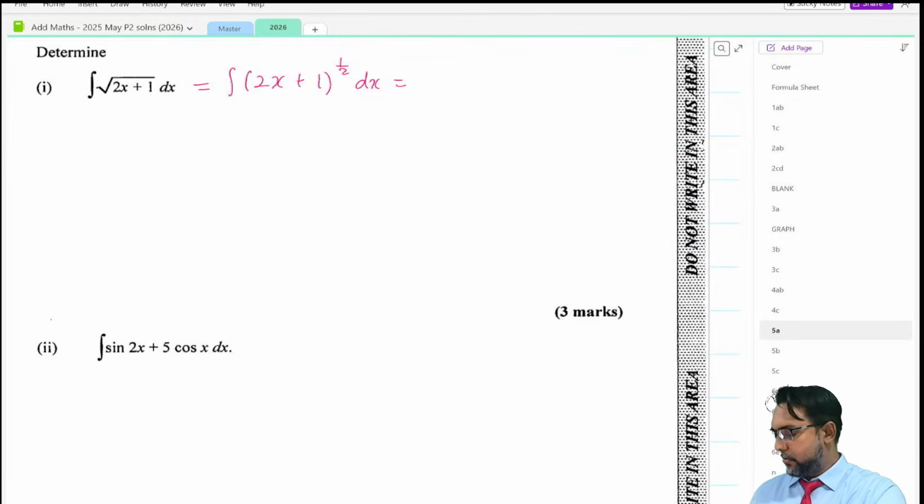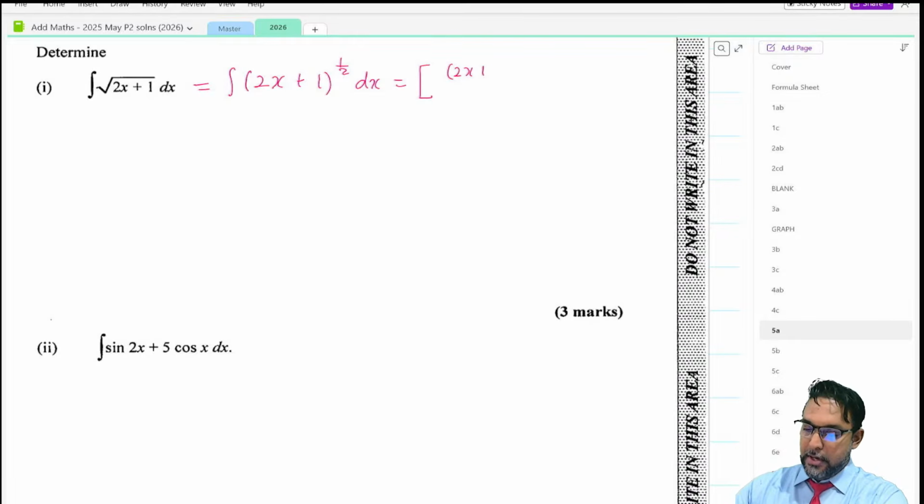Then I would use the chain rule for integration for linear functions. So I would increase the index by 1, which would give me 1.5 or 3 over 2. I would divide by that same new index, and of course multiply that by the derivative of the inside of the bracket. Don't forget your plus c.